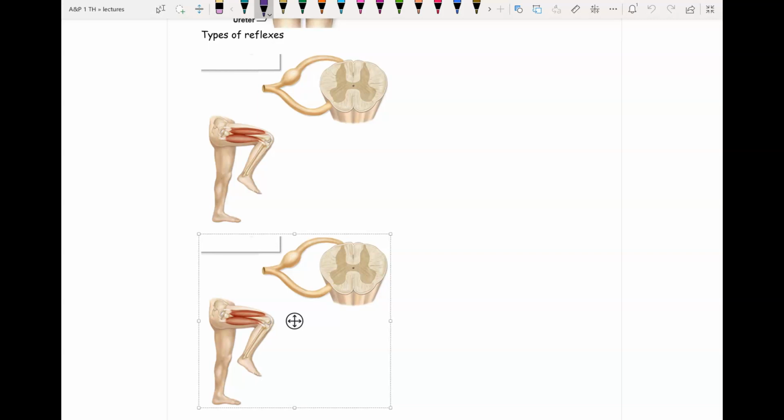Now we can look at reflexes. A reflex is a pre-programmed involuntary response to a stimulus.